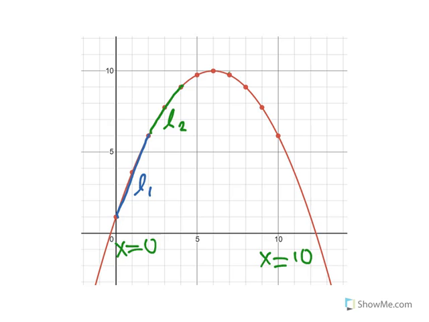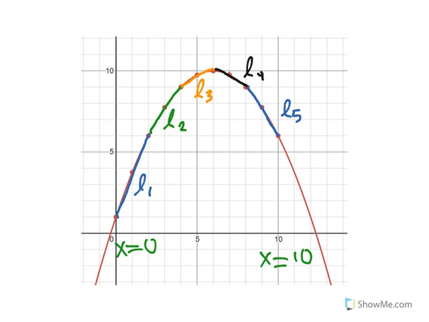You could have a third one that I'll use gold for. Line segment 3. You could have a fourth one that I'll use black for. Line segment 4. And you could have a fifth one that I will use blue for. Line segment 5.